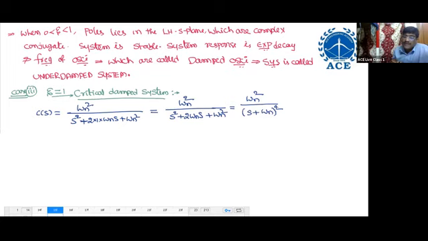Now what are the pole locations? S1, S2 is minus omega n, minus omega n. Represent the poles in the S plane. So 2 poles at s equal to minus omega n. System stable or unstable?